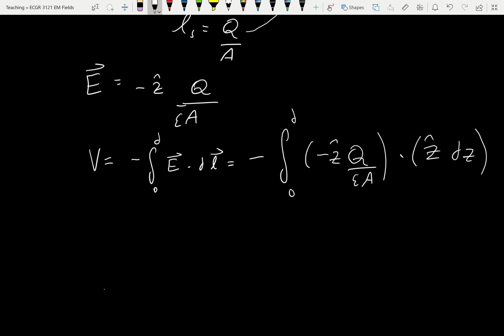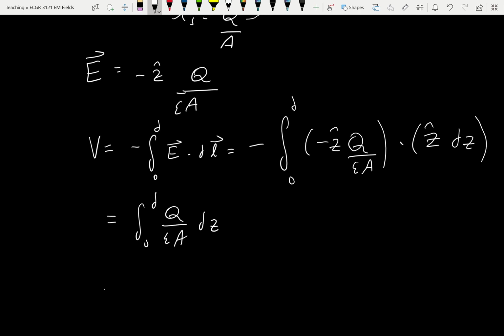And I know how to do this dot product, right? The minus cancels with the minus. So I end up with the integral from 0 to D, z hat dot z hat is 1, and the minus goes away and cancels this minus. I end up with Q over epsilon A dz, right?